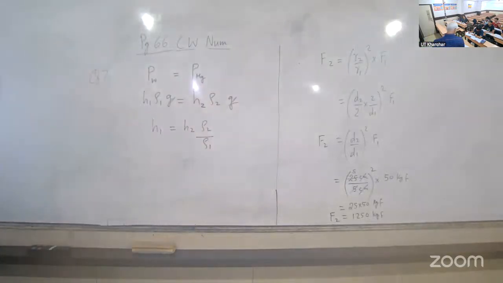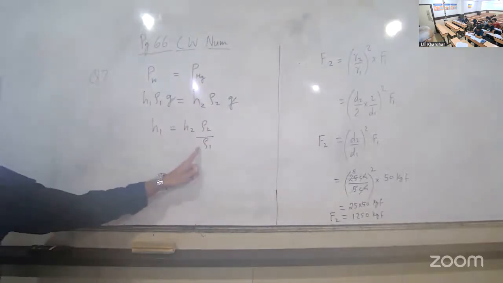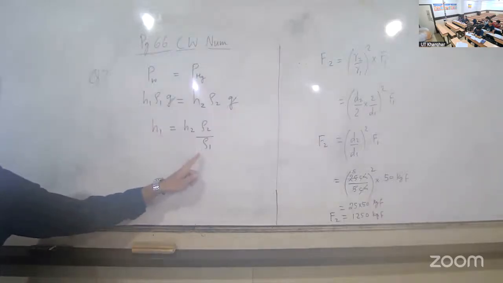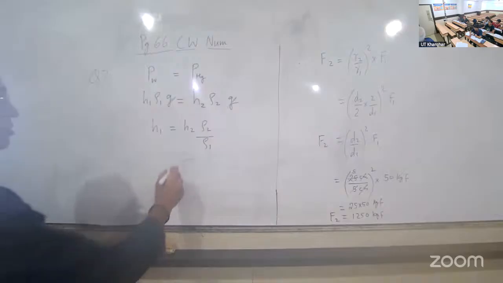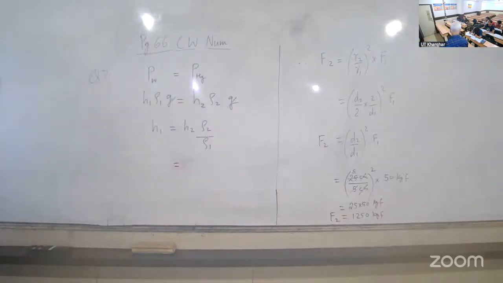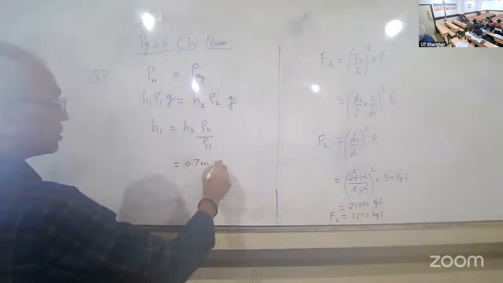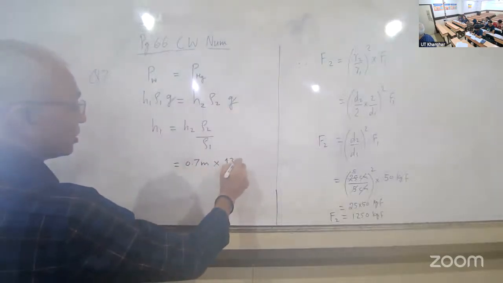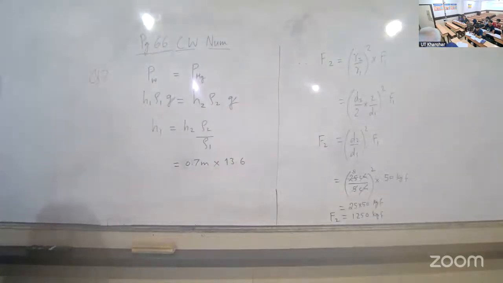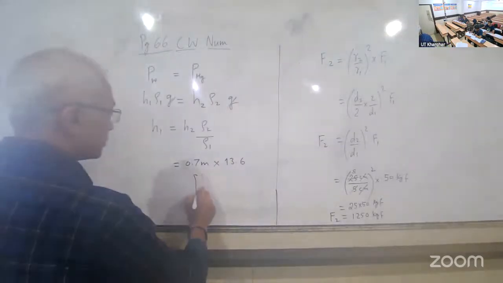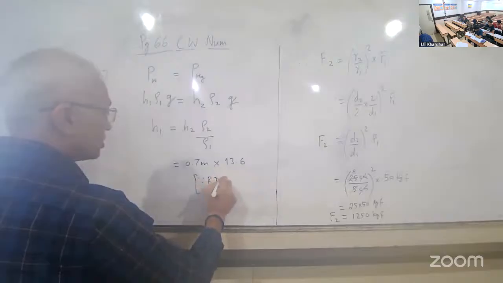So what is given in the question? Given is the relative density of the mercury. Relative density is nothing but rho 2 by rho 1, the density of the substance divided by the density of water. So now you multiply. What is H2 given to you? 0.7 meters, into the relative density, given as 13.6.